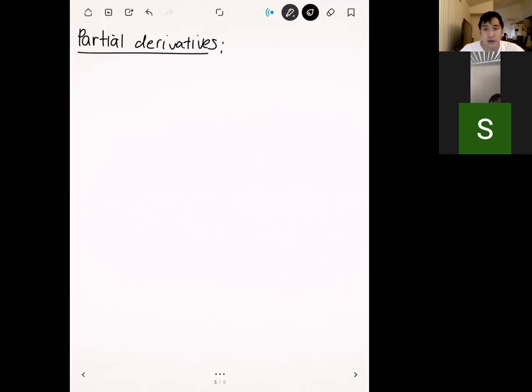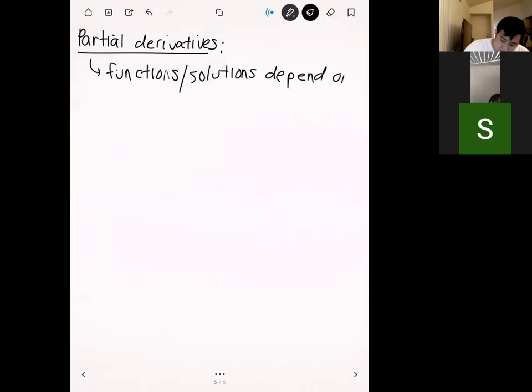These are needed because our functions depend on multiple variables, so we can take derivatives in each of the variables independently.